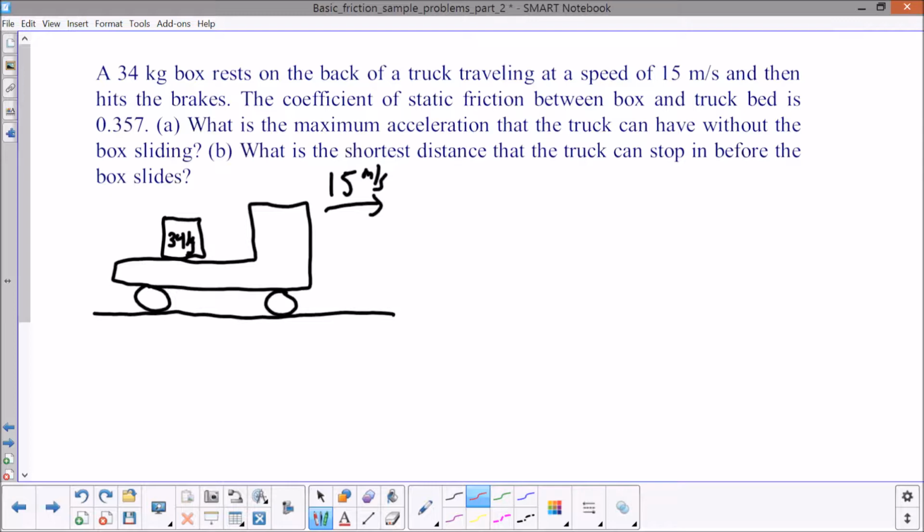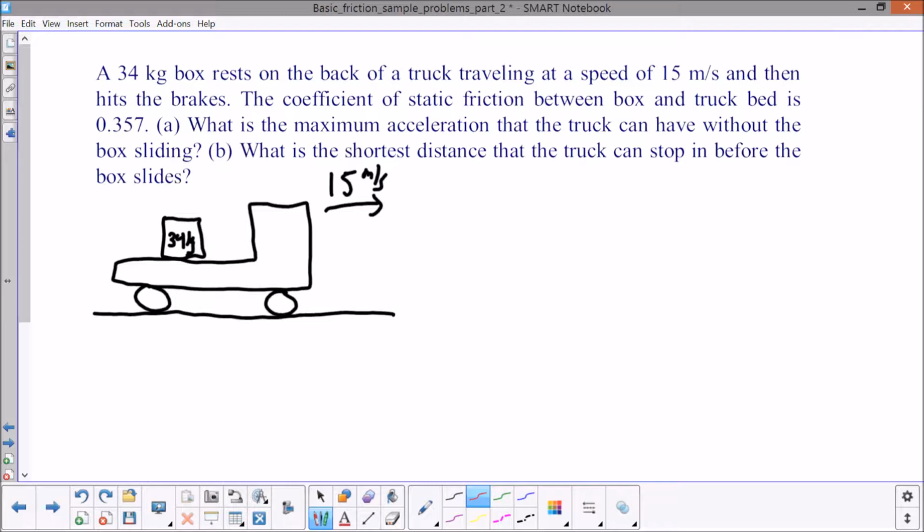Because there's static friction, the static friction is going to keep the box from slipping, and the static friction is going to act against the direction that the box is trying to slide. So in this problem, we're told that the coefficient of static friction between the box and the truck bed is 0.357.